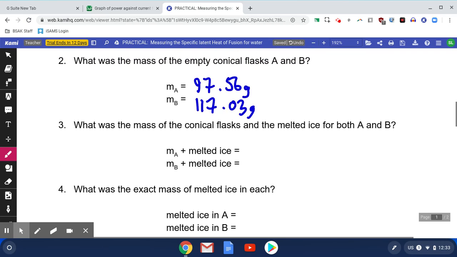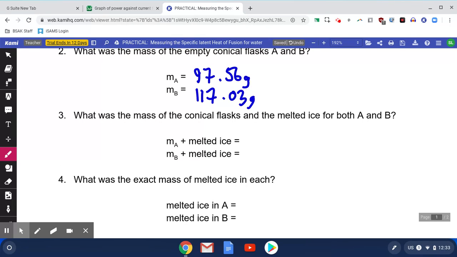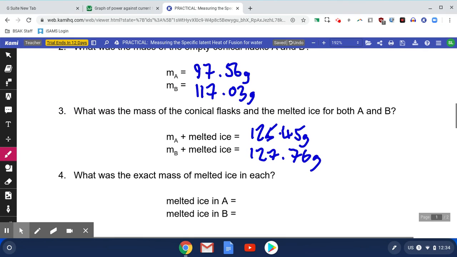Now, when they both had melted ice, A was 125.45 grams, and B was 127.76 grams.